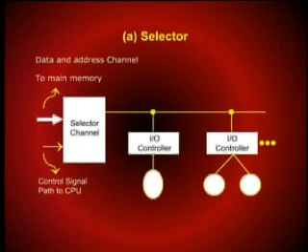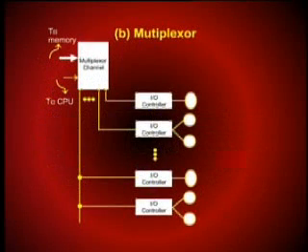Each device or a small set of devices is handled by the controller or the IO module. For a multiplexer channel, the IO is handled with multiple devices by having multiplexing. This could be byte multiplexing or it could be bit multiplexing.